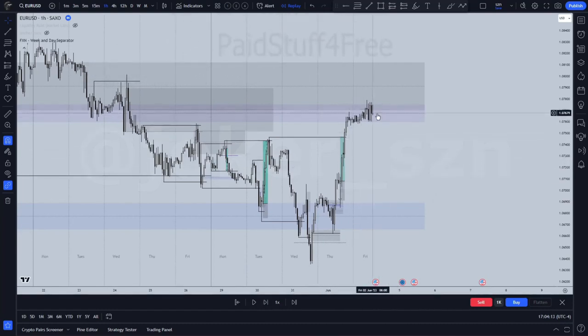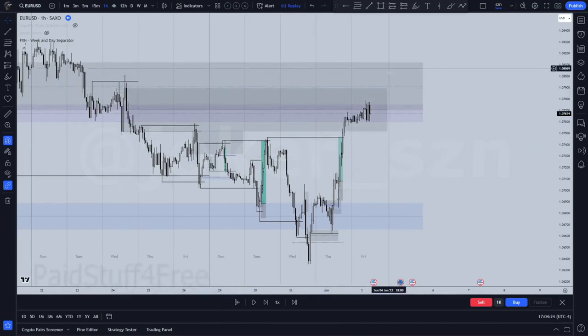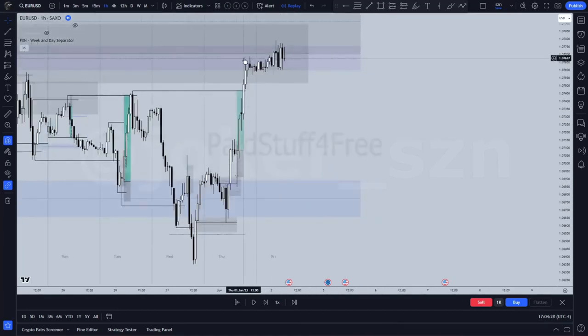So as you can see, we are now trading in the weekly volume imbalance, and also inside this former H1 order block, which is also the daily order block, right? So we have again PD array alignment here. We have taken out the previous day's high. So yeah, this is now kind of a really important level.